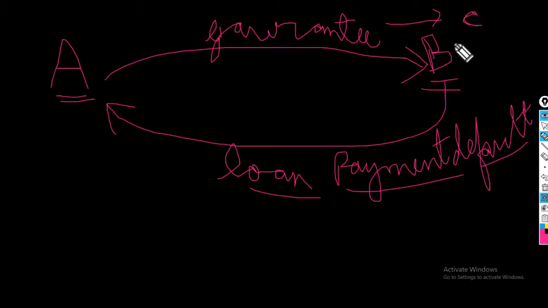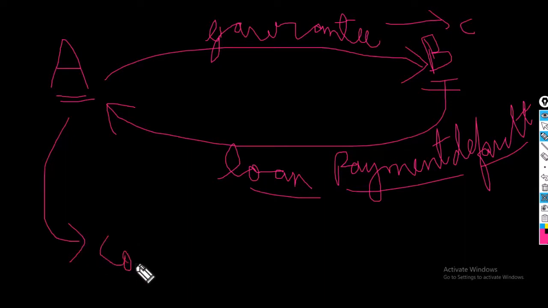So as soon as the default was made in the loan payment, A went to demand the amount. Nope, let it be right here. A did not go to C, the guarantor.